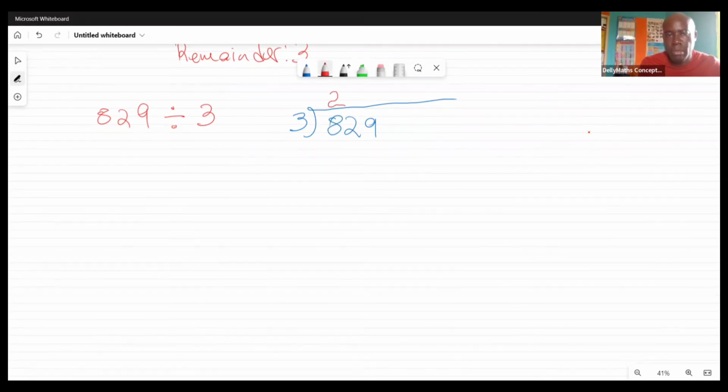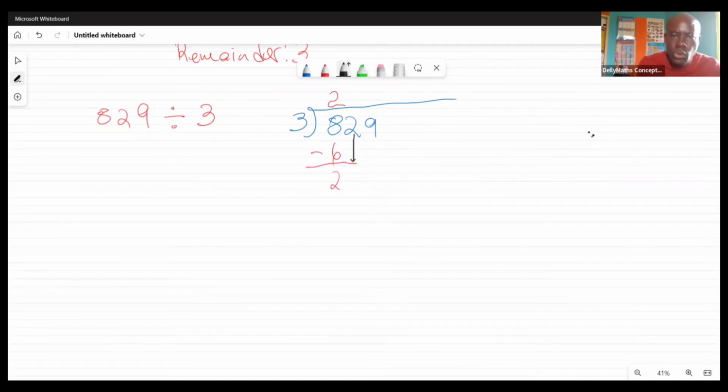It lines up. And then we multiply. 2 3s, 6. Then we subtract. 8 minus 6, that is a 2. And then now you bring down.